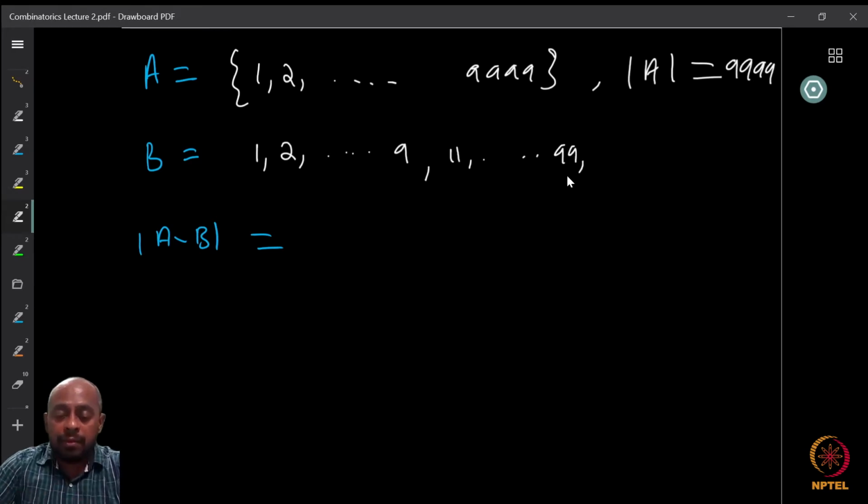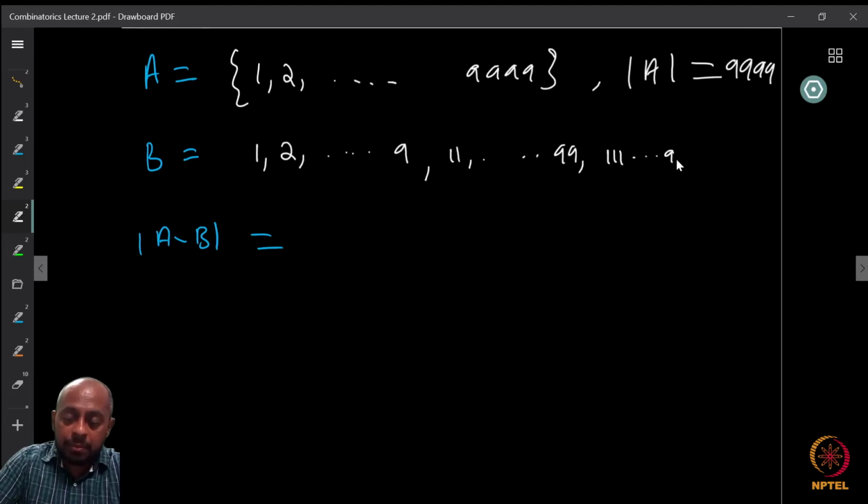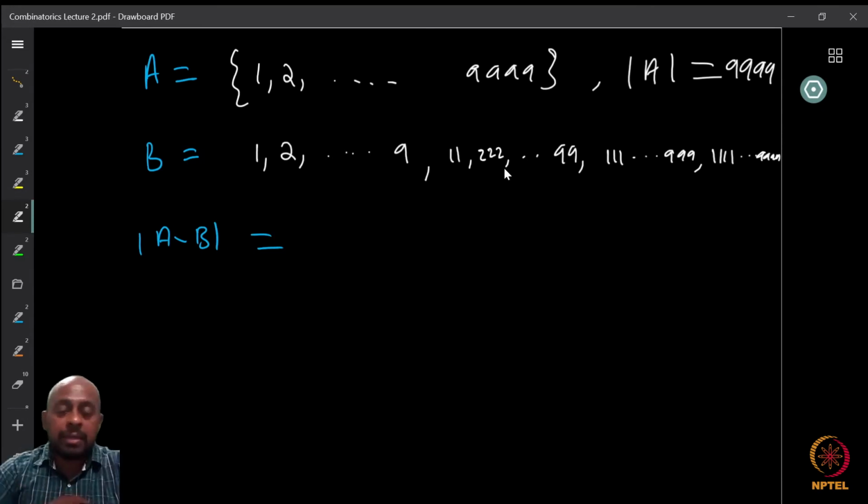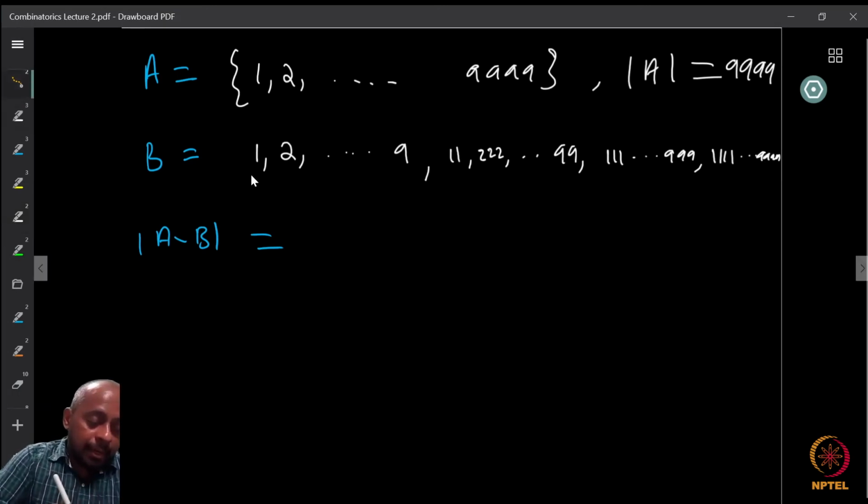Then 111, 222, etc., up to 999. Similarly 1111, etc., up to 9999. These are precisely those numbers, not all the numbers in between. Here we have exactly 9, here exactly 9, here exactly 9, and here also exactly 9. So we have exactly 36 elements in B.